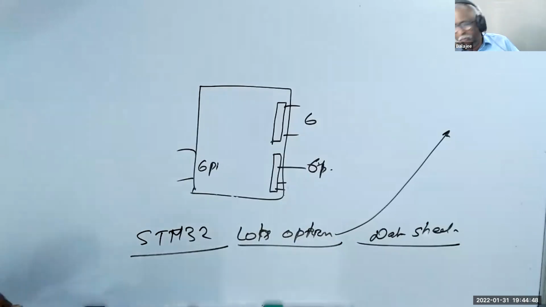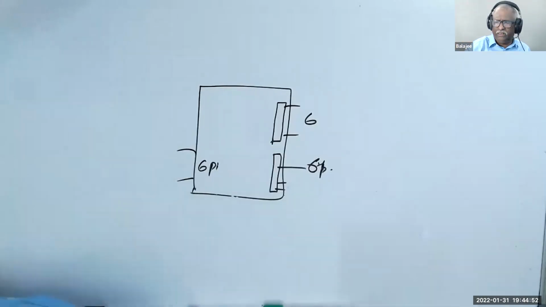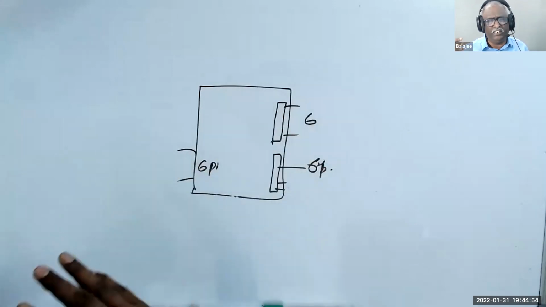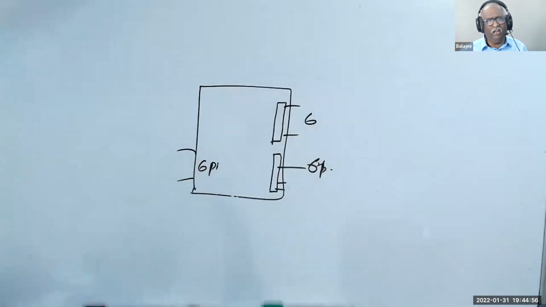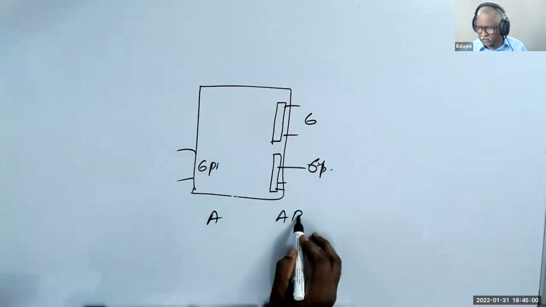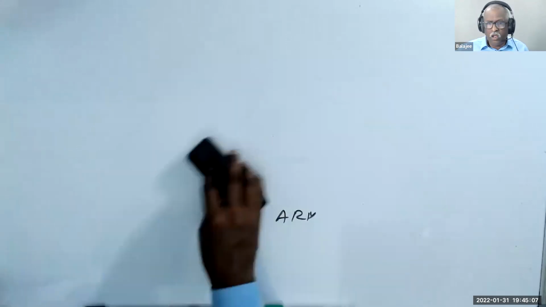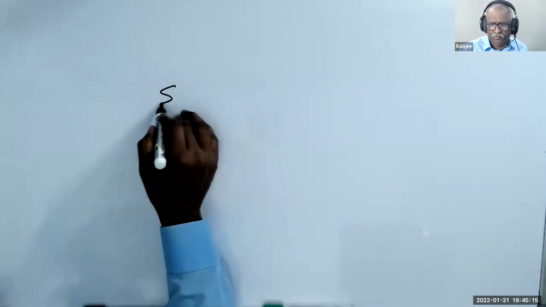So there may be a 1 day delay, but there's no difference. There is no difference between your Arduino board and an ARM board. Whatever you can do on an ARM board, you can do on the Arduino board also. Please understand that. Why I initially choose the Arduino board is that you do not have to spend a single penny.